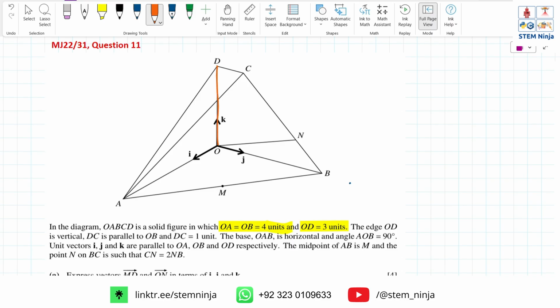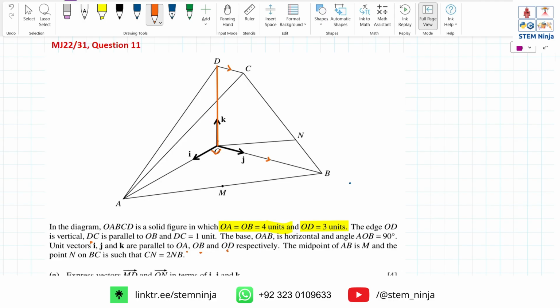DC is parallel to OB, that means it's in the J direction. The base OAB is horizontal and the angle AOB is 90 degrees. We already know that the angle between I and J unit vectors is 90. Unit vectors I, J, and K are parallel to OA, OB, and OD respectively.